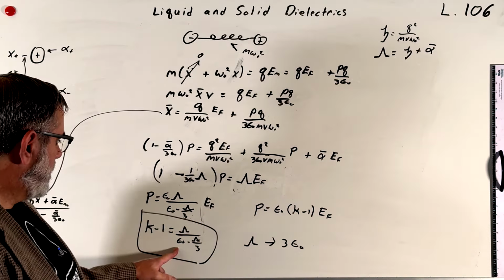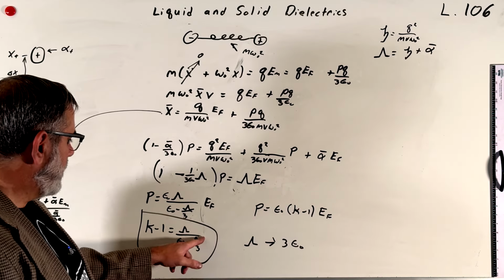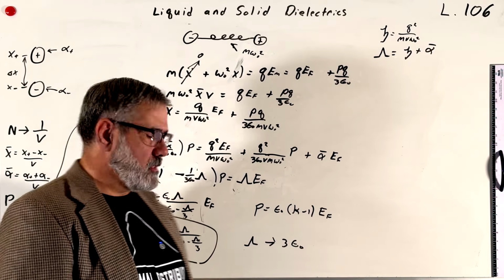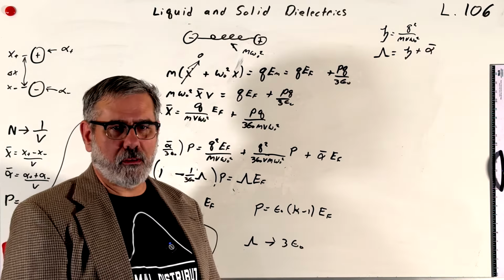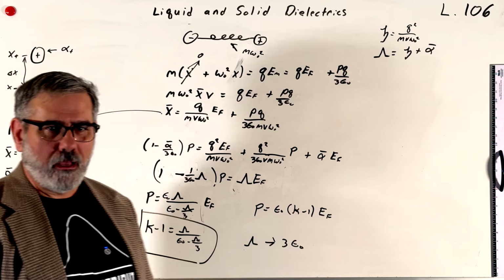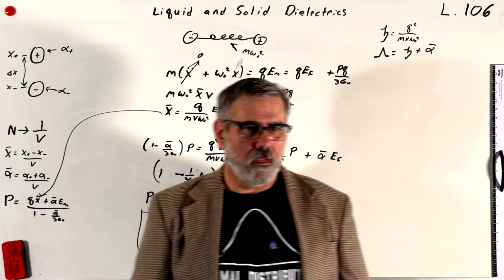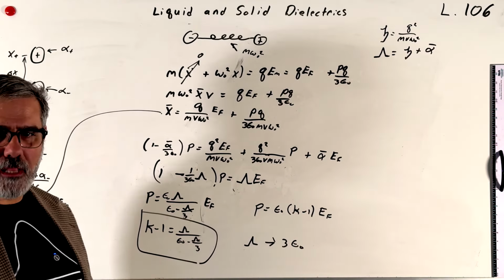If I replace delta with 3 epsilon naught, I get epsilon naught minus epsilon naught. What's that equal to? 0. So this causes the dielectric constant to become gigantic, becomes huge. Okay? And so these ferroelectric crystals are usually characterized by really, really large dielectric constants. And this is the term that allows that to happen.